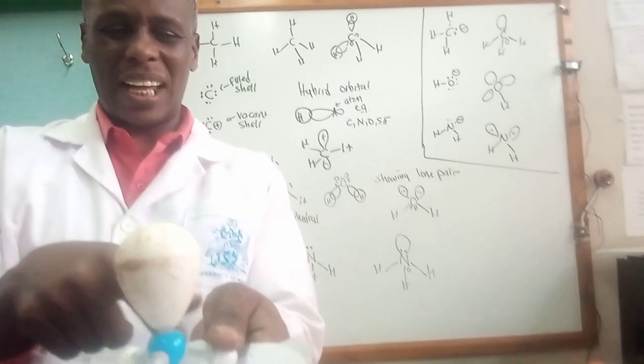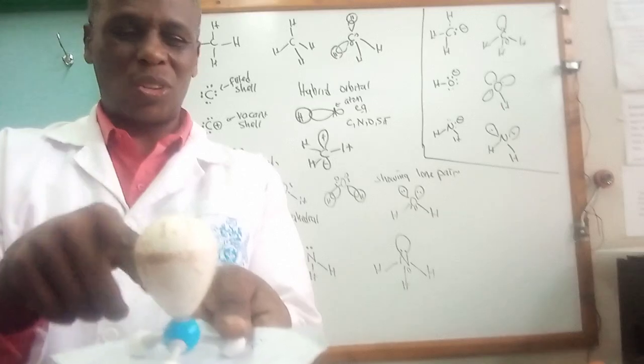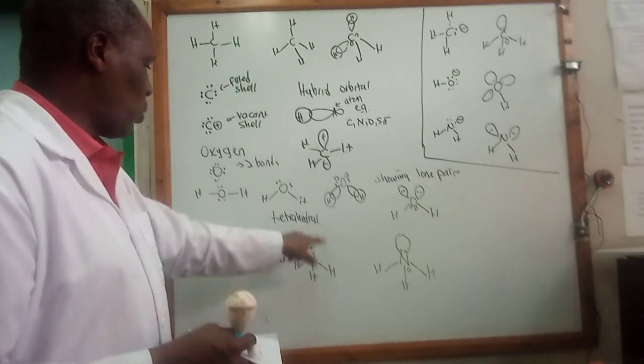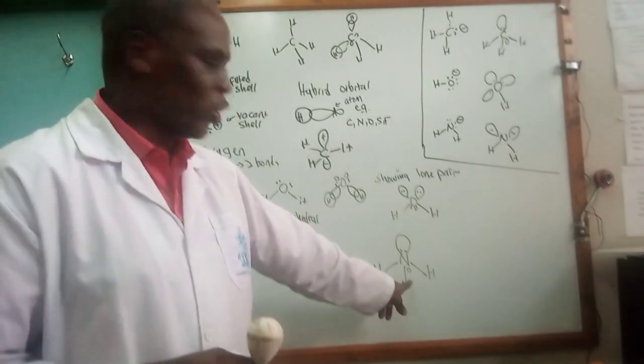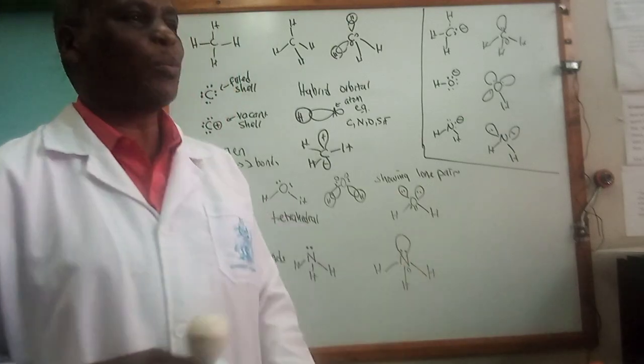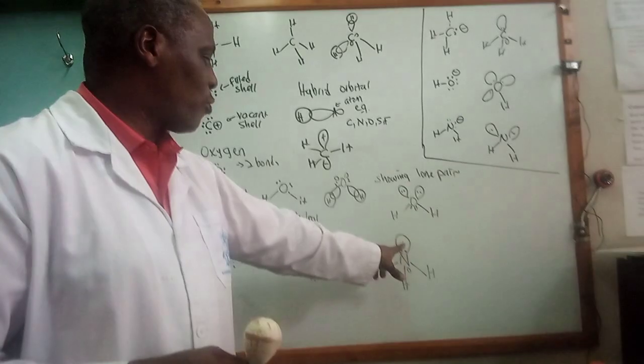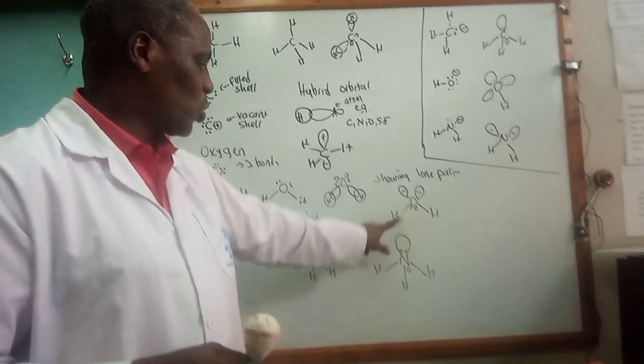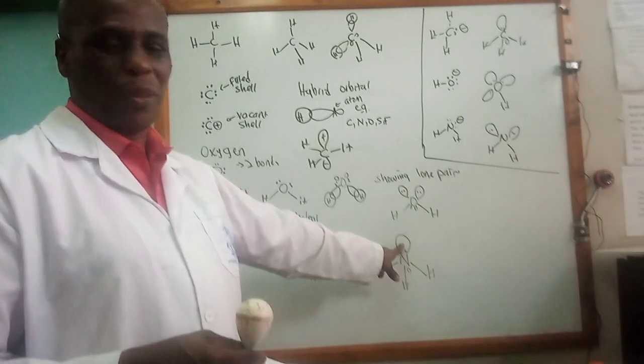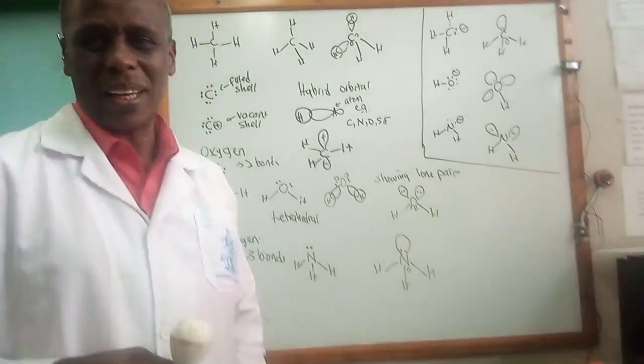Nitrogen like that, ammonia, and then your lone pair, which will be sharing electrons, is shown here. So when you show nitrogen acting as a base, the electrons will be coming from this p orbital, the lone pair there.